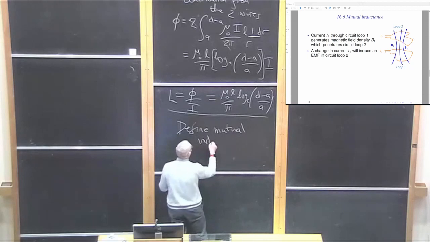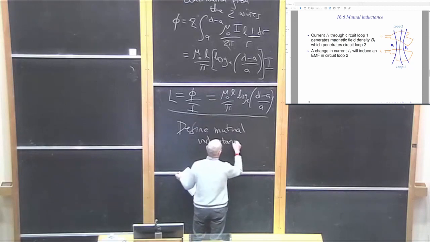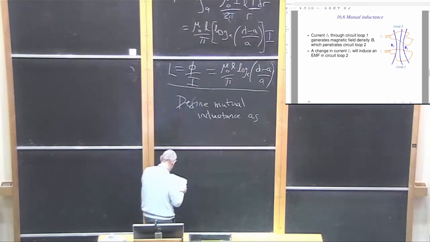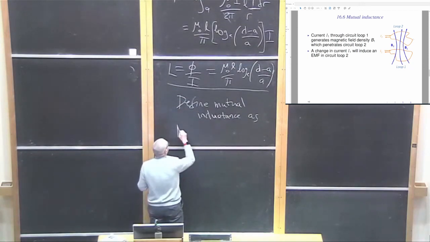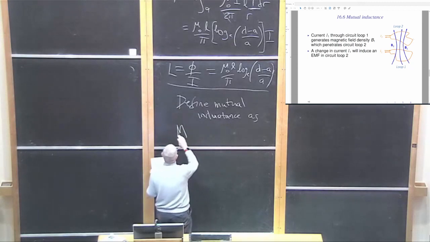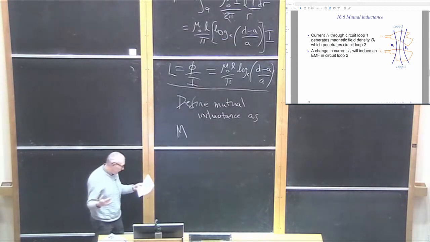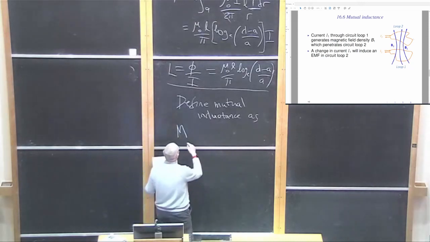Right. So define mutual inductance. The symbol is M. So we can define it two ways.